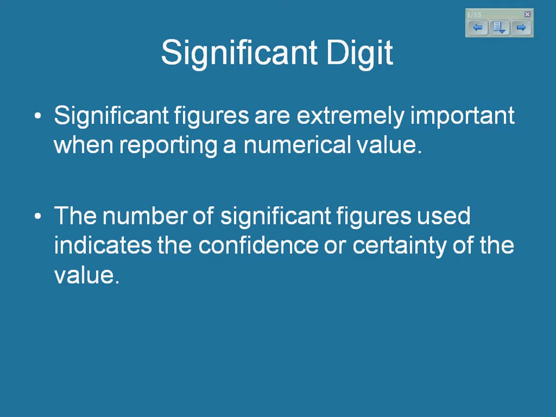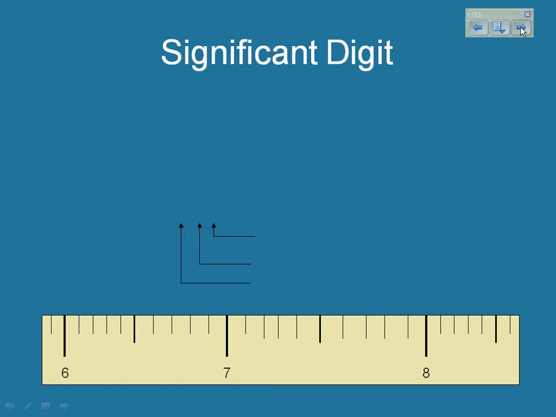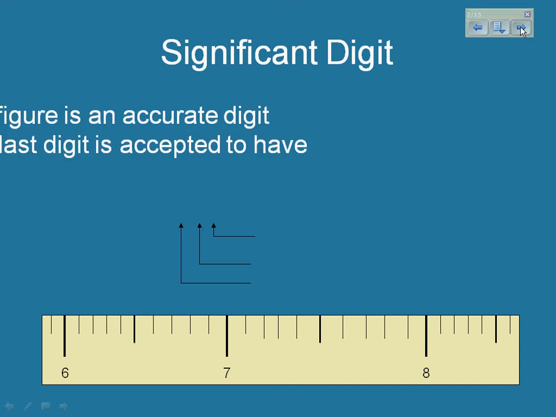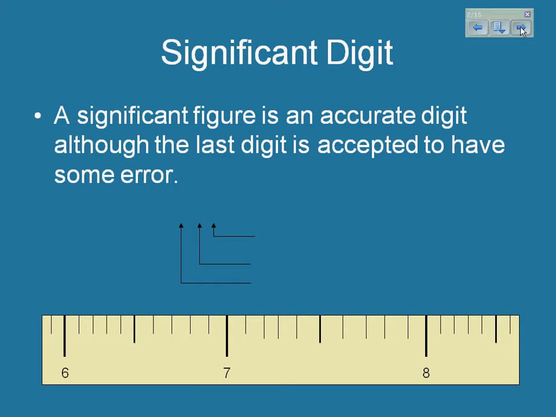Now, if you think about the measurements you made, you could be doing a calculation with them, and that's why we need these rules. So, as a reminder, a significant figure is an accurate digit, although the last digit is accepted to have some error.